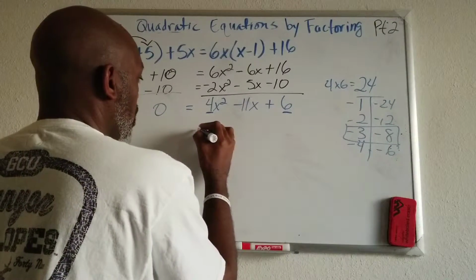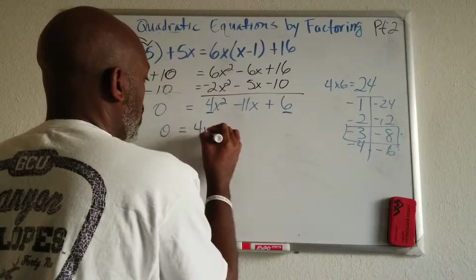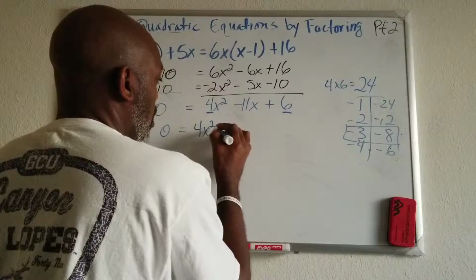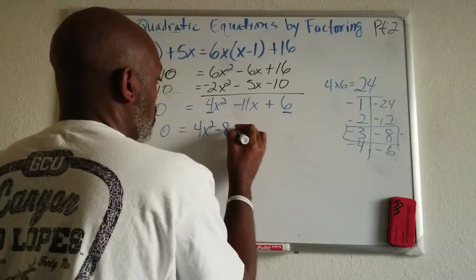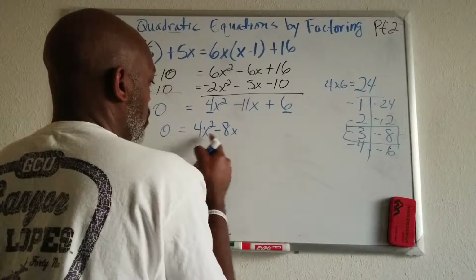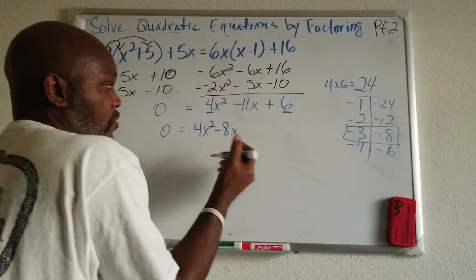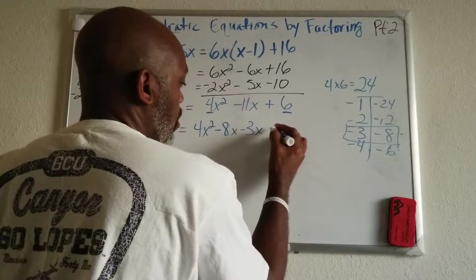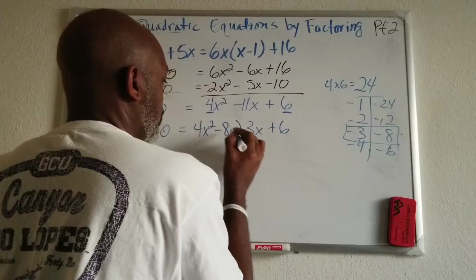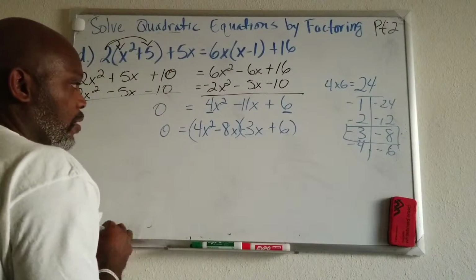So I rewrite it as 0 equals 4x squared. I'm rewriting the negative 11x. Okay, I'm going to go negative 8x because they have a greater common factor, so it's a lot easier to take apart. Negative 3x plus 6. Okay, so now I'm going to factor by grouping.